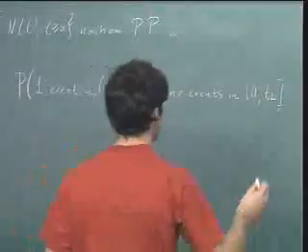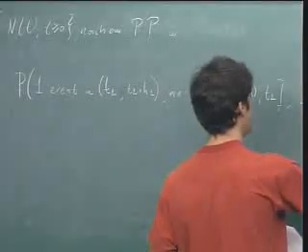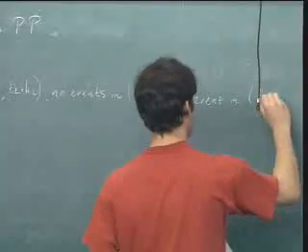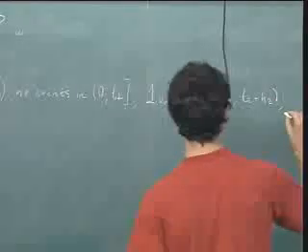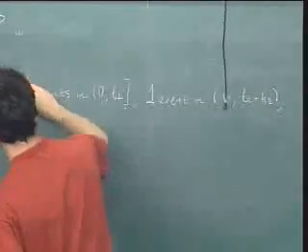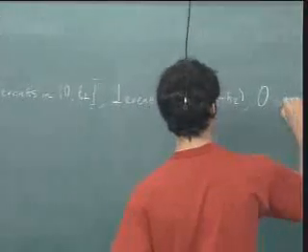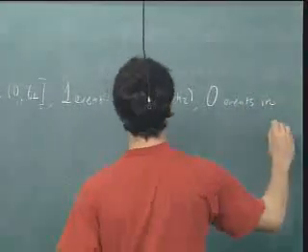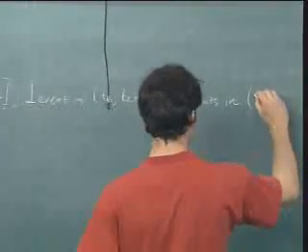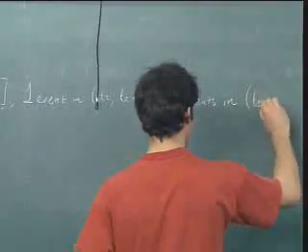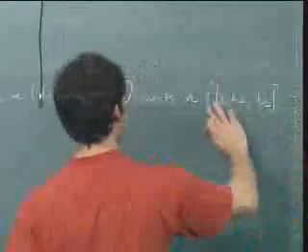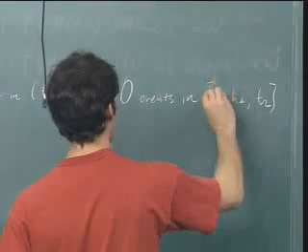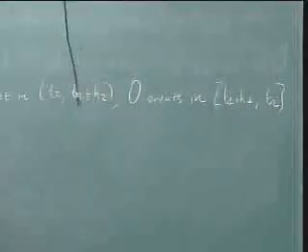So this has to happen. Then we also need one event in t_2 plus h_2. Let's actually say 0 events in t_1 plus h_1, and so on and so forth, right?